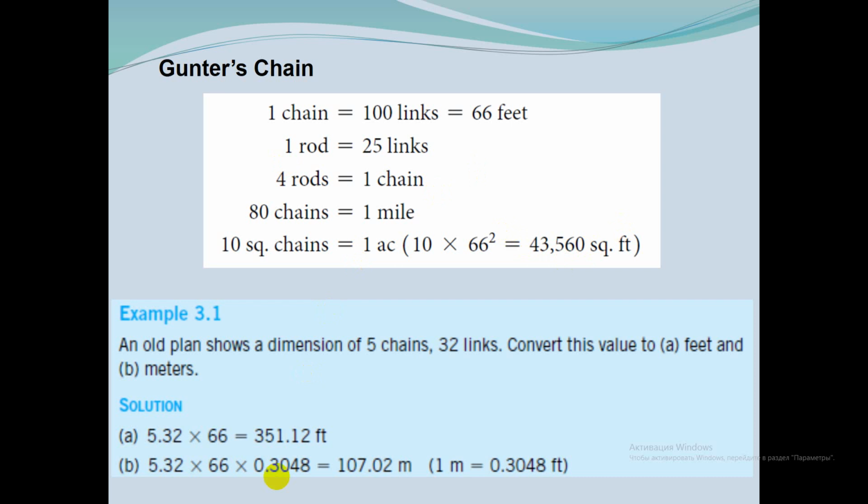An example. You have a very old plan, and in this plan you have seen dimensions of 5 chains, 32 links. So it's necessary to convert this value to feet and meters.